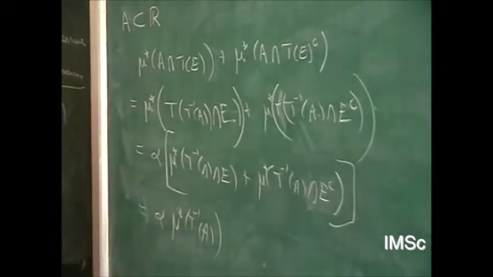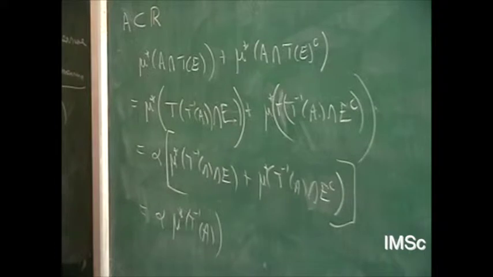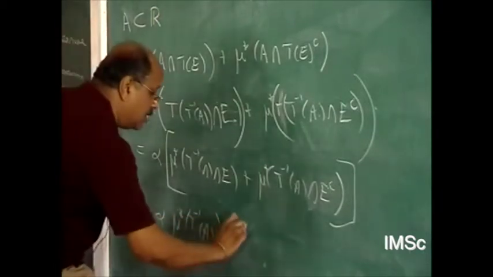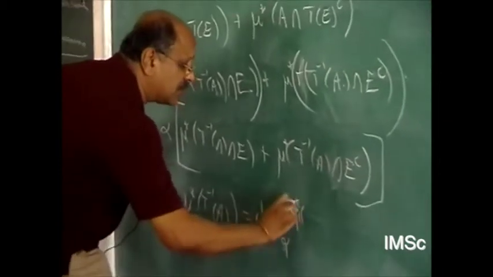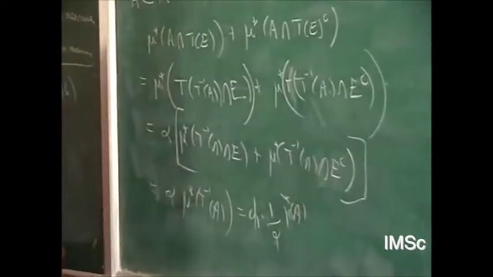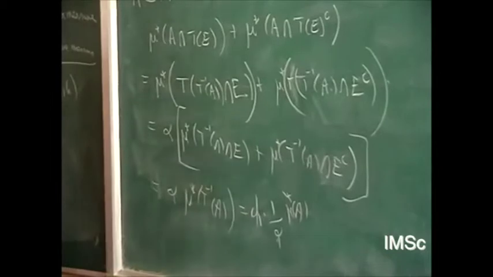When you take T of E, mu star is alpha times mu of this. When you take T inverse, it will be 1 by alpha times. So this is equal to alpha into 1 by alpha into mu star, which is mu star.